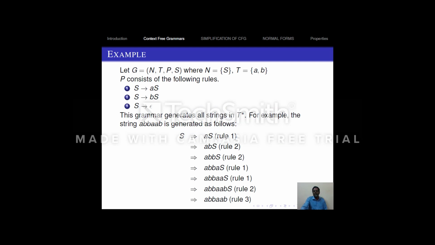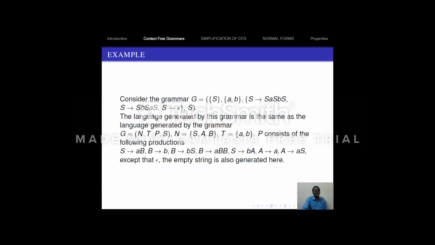Now another example here is G, again the grammar is S alone. The starting symbol is S, the set of non-terminals is S, and the terminals are A comma B, and we have these productions S goes to SA, SBS.